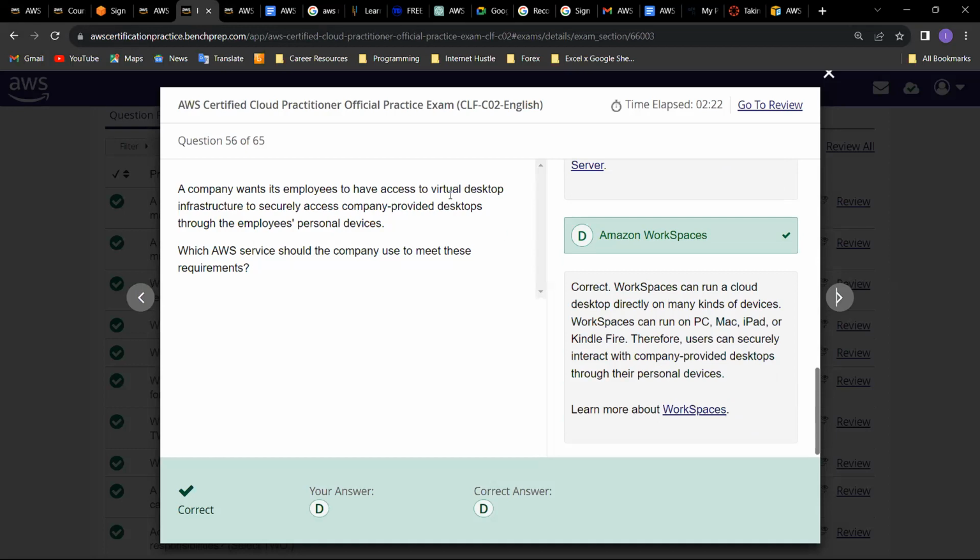We are talking about virtual desktop, and the explanation they gave before I didn't understand, but this question has made me understand it well. So we are looking at a virtual desktop infrastructure, that's WorkSpaces. It can run a cloud desktop directly on many kinds of devices, so you can run on PC, Mac, or Kindle Fire. Therefore, users can securely interact with company-provided desktops through their personal devices.